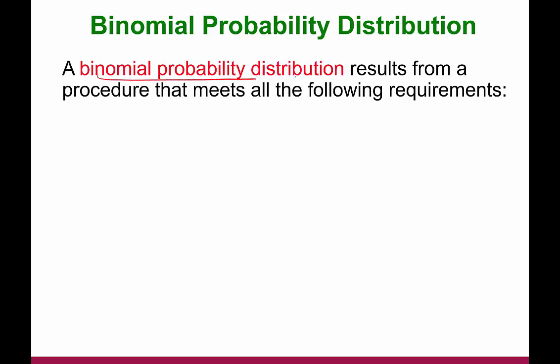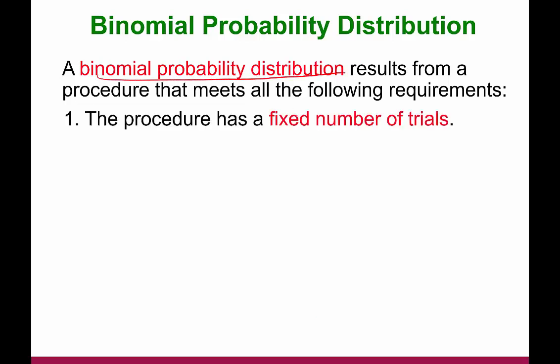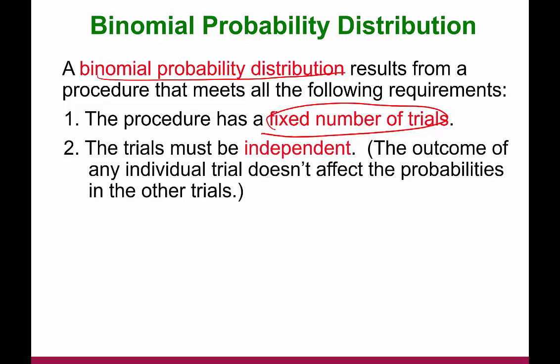A binomial probability distribution results from a procedure that meets all the following requirements. First, the procedure has a fixed number of trials. Flip a coin 10 times: ten is the fixed number of trials. The trials must be independent, so getting the first head does not guarantee you getting a head throughout the whole set of trials.